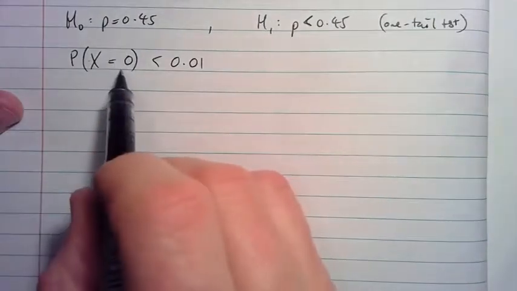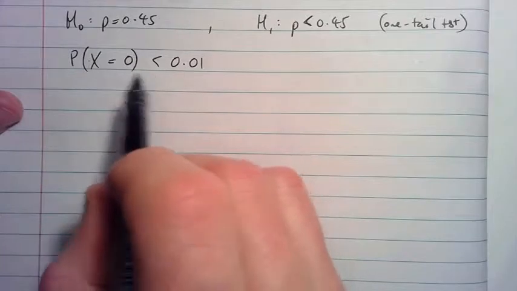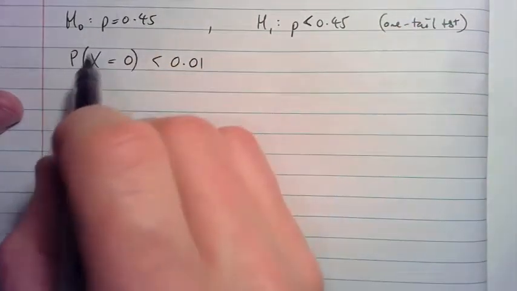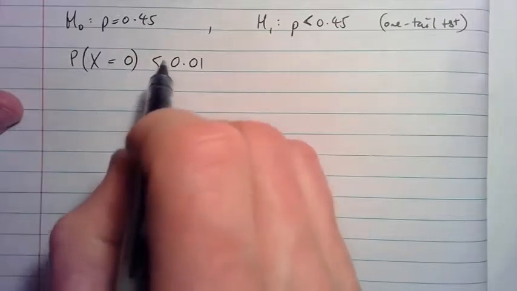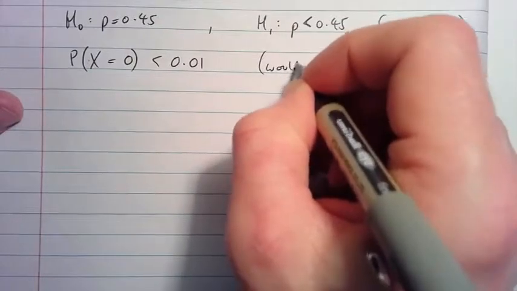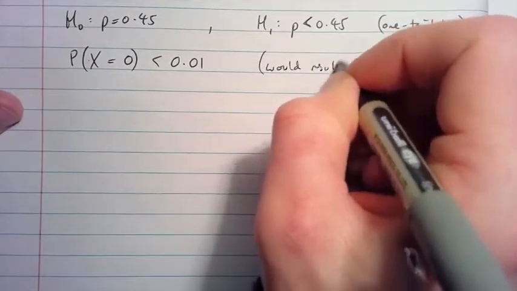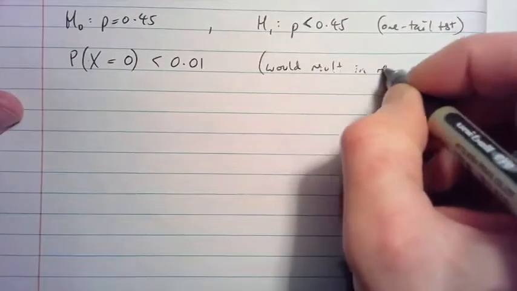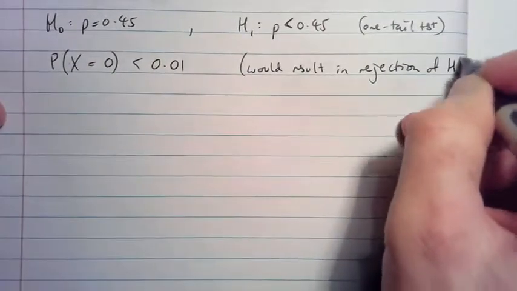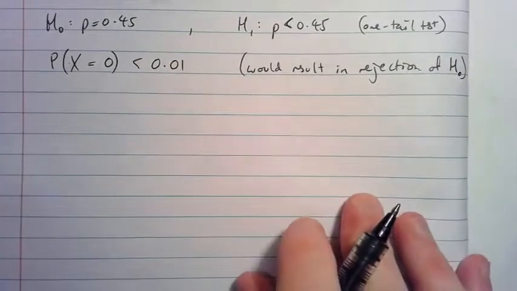So what we're interested in finding is n such that probability that x is equal to 0 is less than 0.01. This would result in rejection of H0, the null hypothesis.